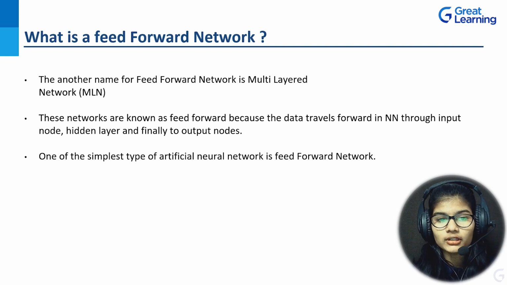Further, this network is known as a feed forward network because the data travels forward through the input node, hidden layer, and finally to the output nodes. Whatever data we have travels first into the input node, then goes to the hidden layer, and finally goes out to the output node.